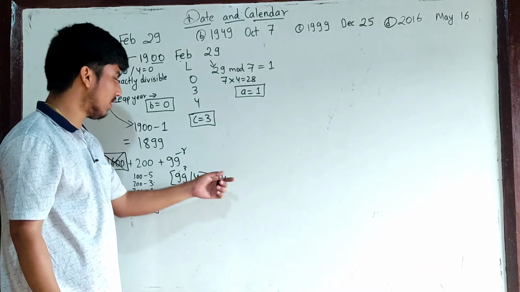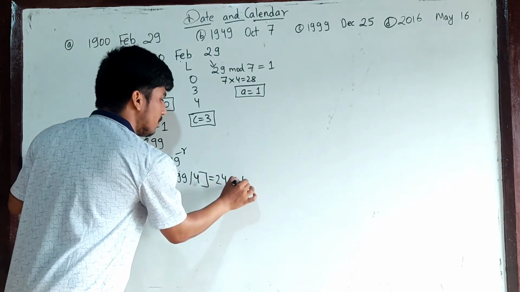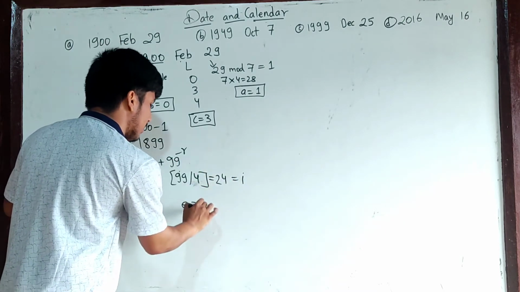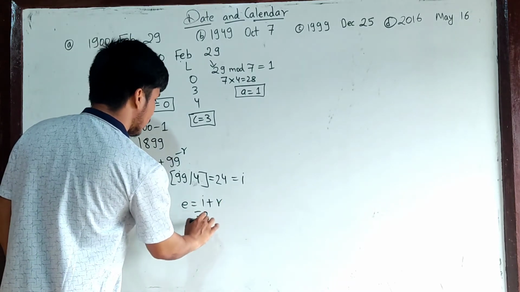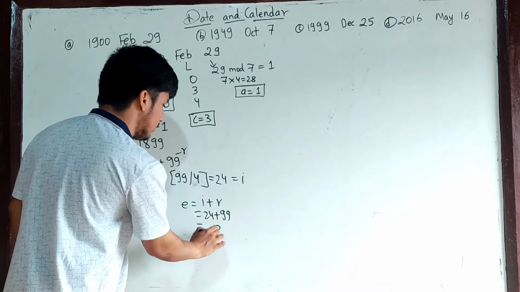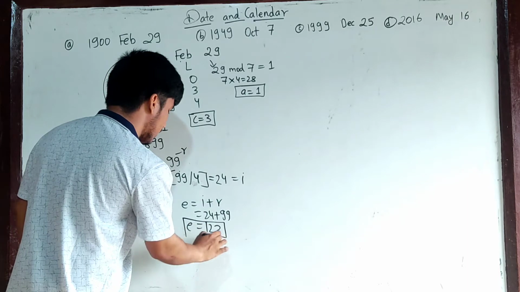So 3 is our remainder, and the integer part is 24. So the number of leap years is 24. Now for code E we need to add I and R, that is the number of leap years and the remaining years. This will give us 24 plus 99, which is 123. So the code for E is 123.